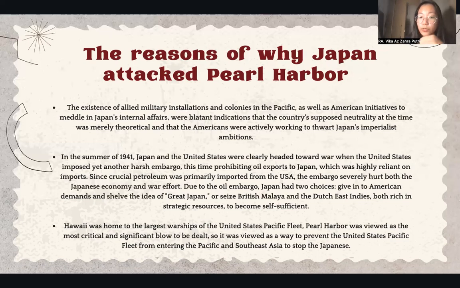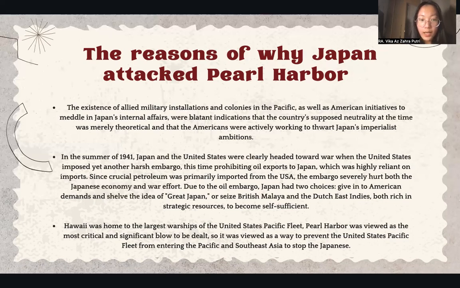Due to the oil embargo, Japan had two choices: give in to American demands and shelve the idea of a Great Japan, or seize British Malaya and the Dutch East Indies, now Indonesia, both rich in strategic resources, to become self-sufficient.